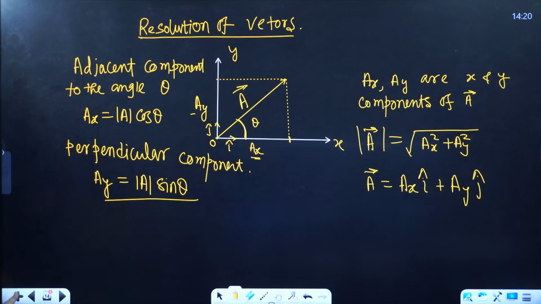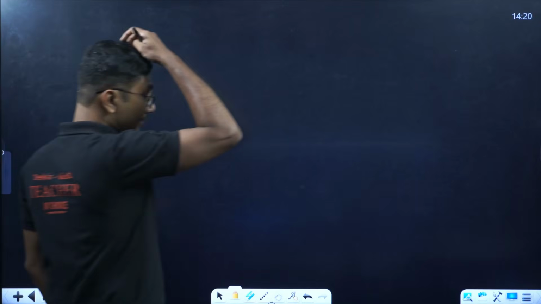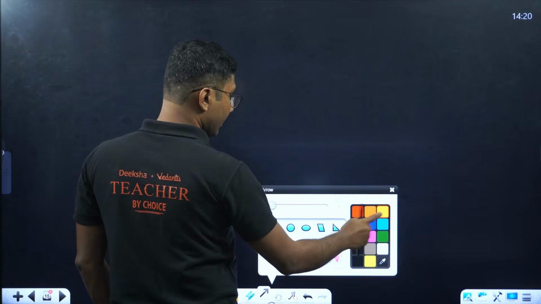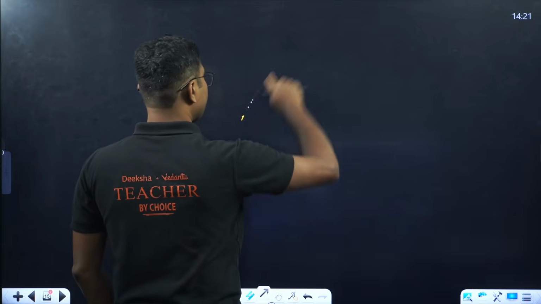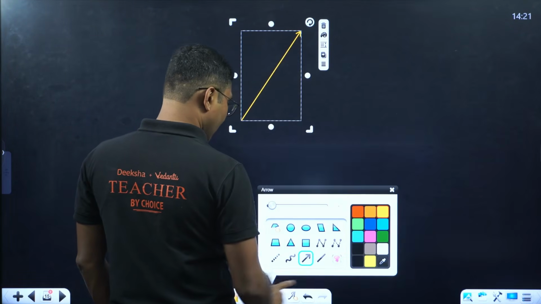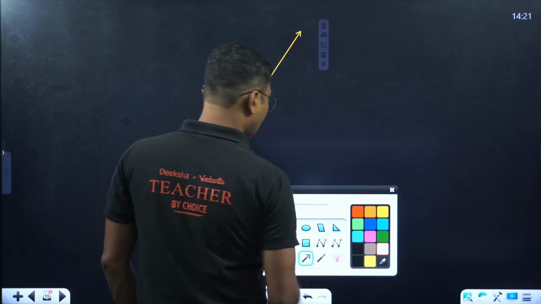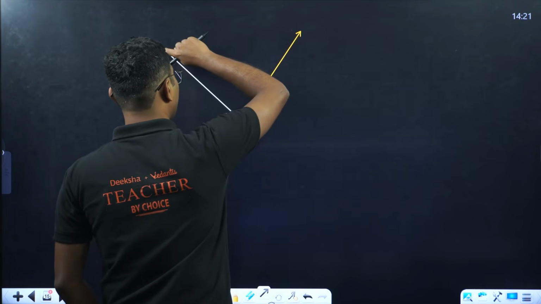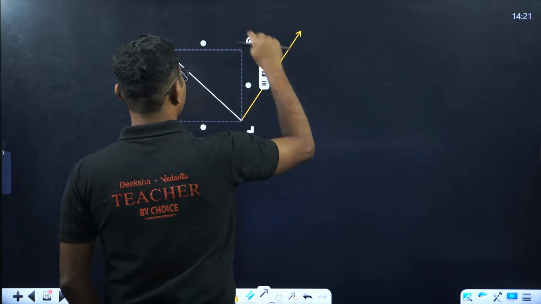Now let me show you one general topic, the general component of a vector that I was saying. Suppose we have a vector, and the axes that we are going to consider over here are not the x and y axes. Suppose this is one axis, let me rotate it.